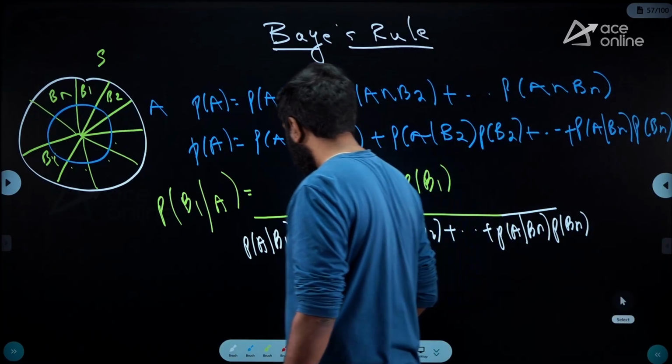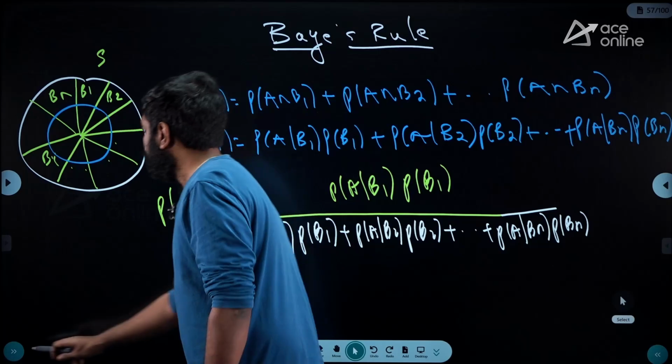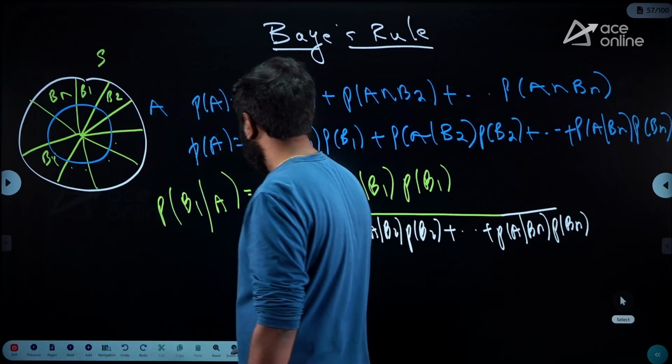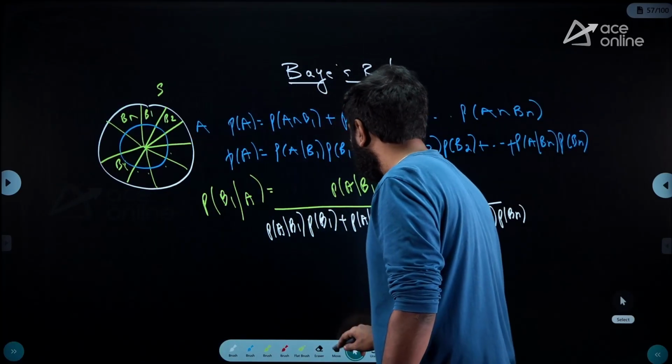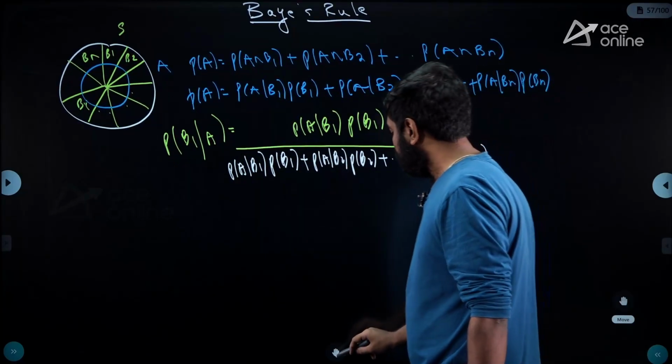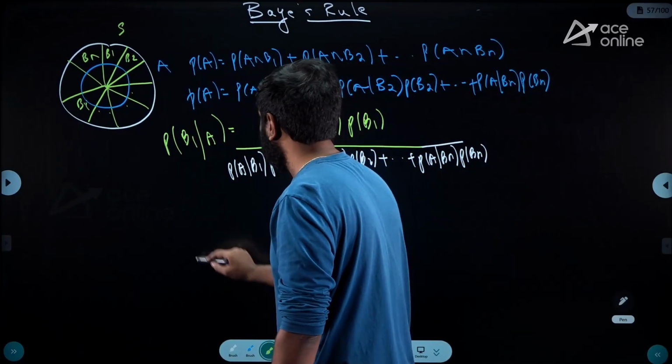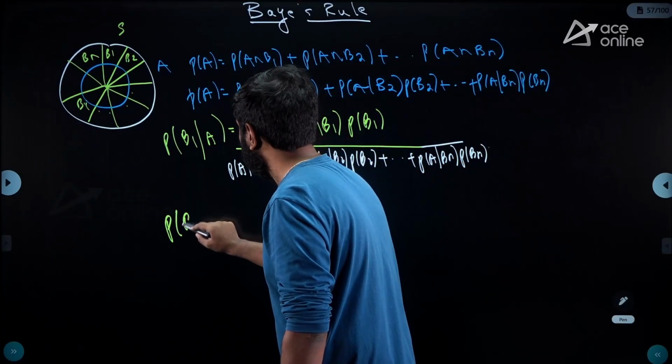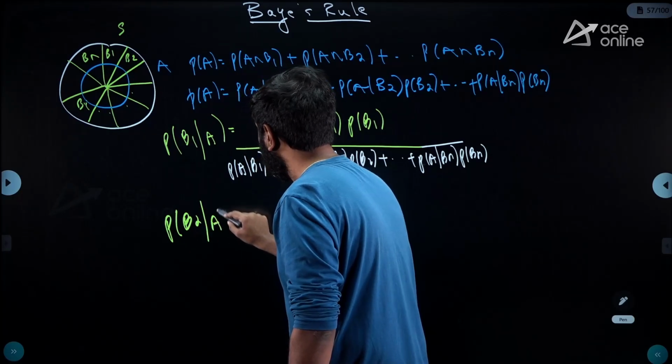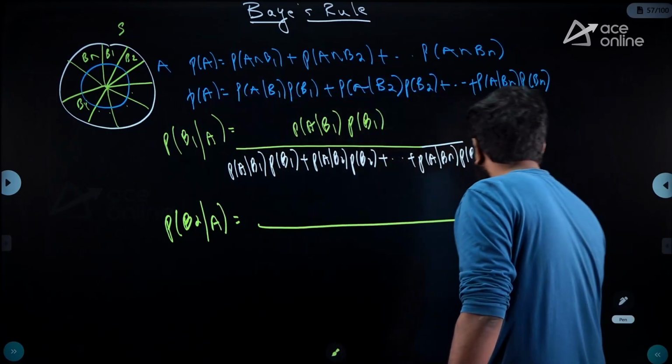Same way, if I ask you what is probability of B2 given A, you know what? The denominator remains the same.